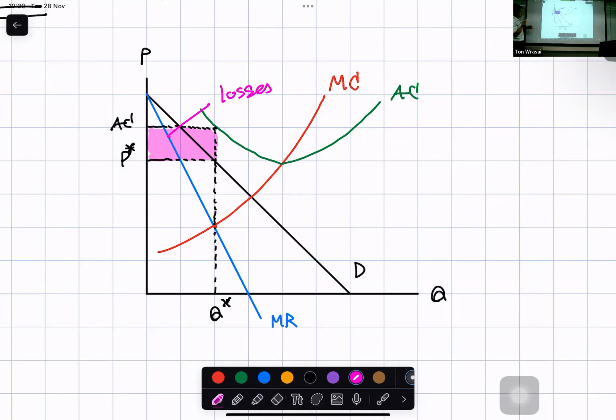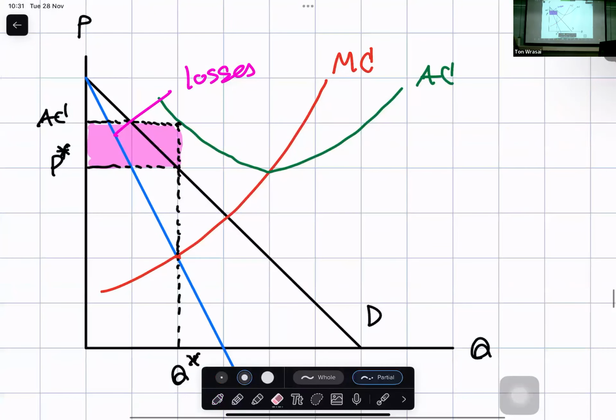Base losses. Okay, that's about loss. But should he continue to produce or should he shut down?